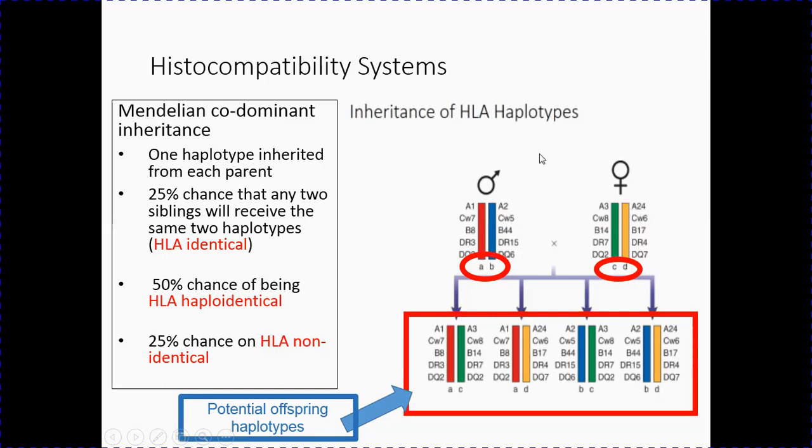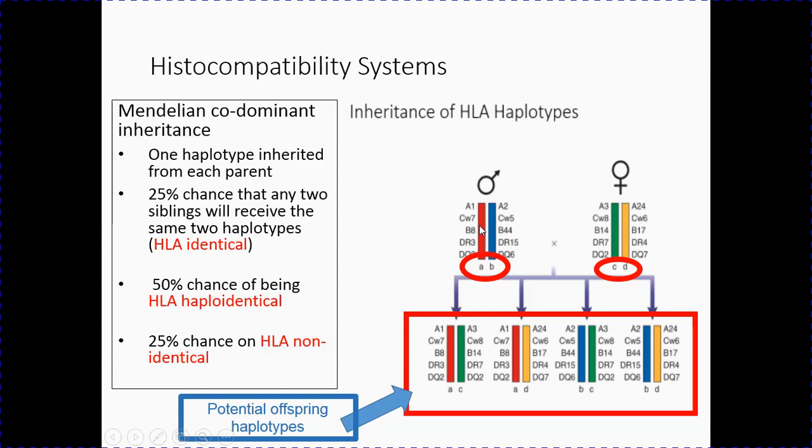If you put it in a Punnett square, you would have a 2 by 2 Punnett square, so you would have a maximum of 4 possible inheritance patterns for offspring from these 2 people. So in the book, they marked each haplotype as either A or B, or C or D for the maternal inheritance to the offspring. And that's, I think, just for ease of being able to monitor them as we go along. So as I said, there's only 4 options.